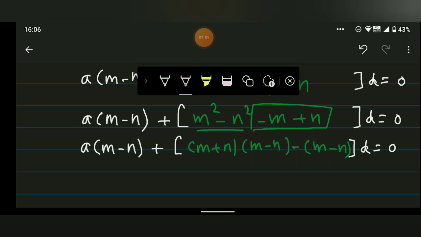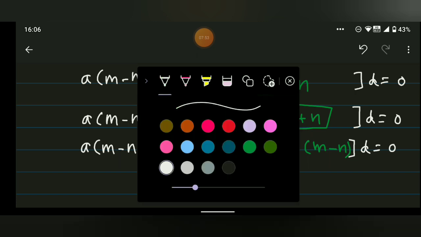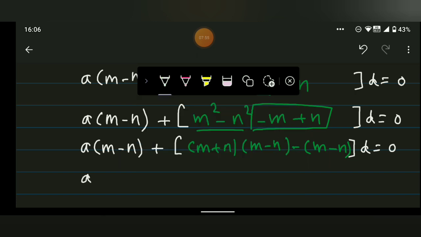So now again we are having the similar term as usual, a in a bracket, m minus n plus, now if I observe this bracket, we can take m minus n outside of the bracket.